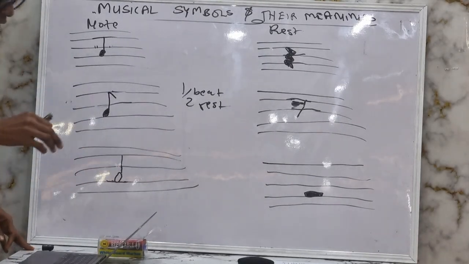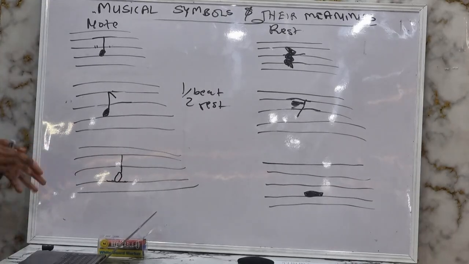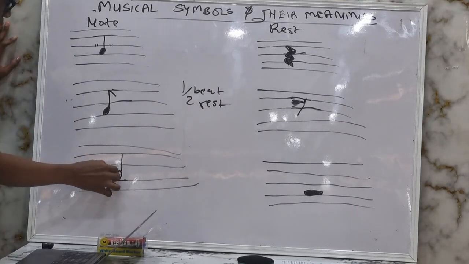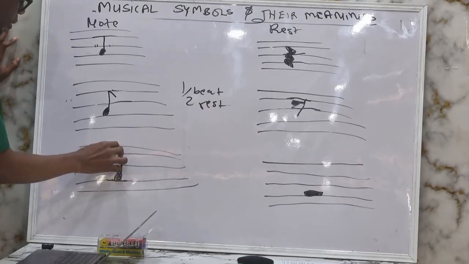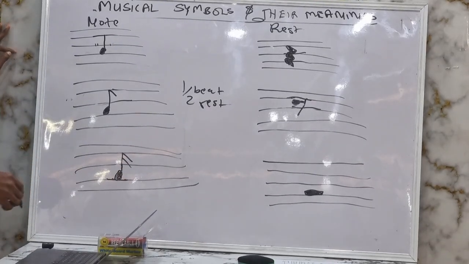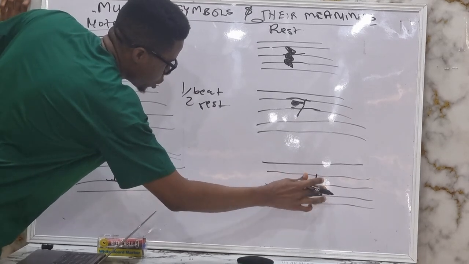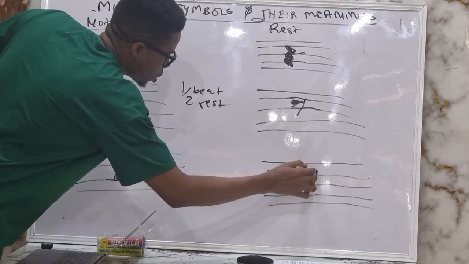And then the other common one that we see, not the last one though, is the semi-quaver. For that, it is similar to this as well, but it has two.